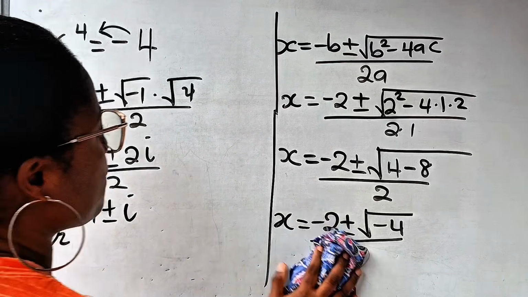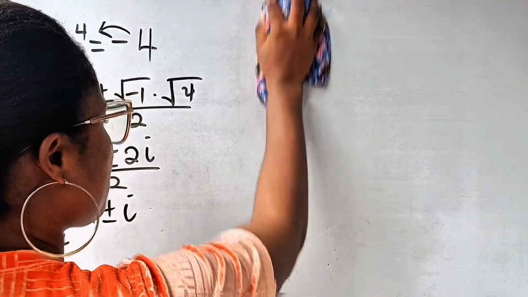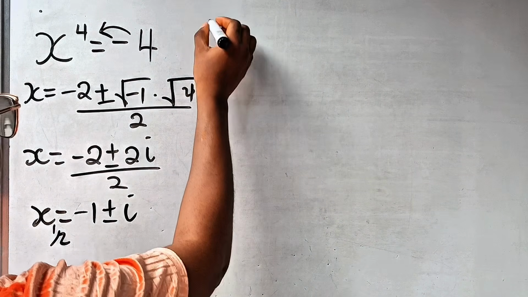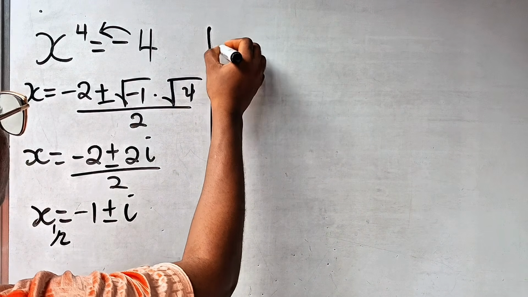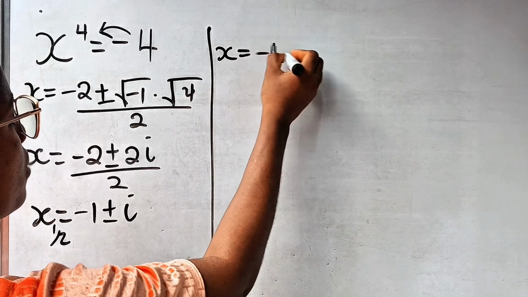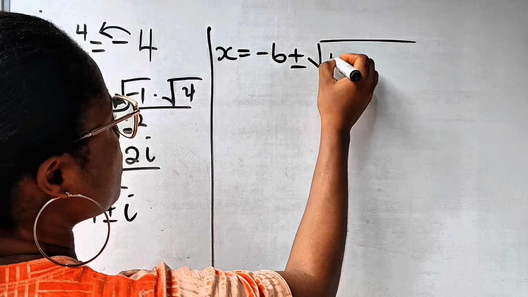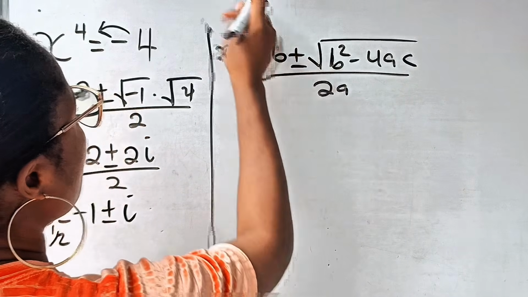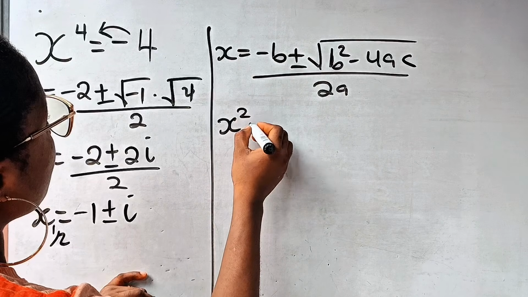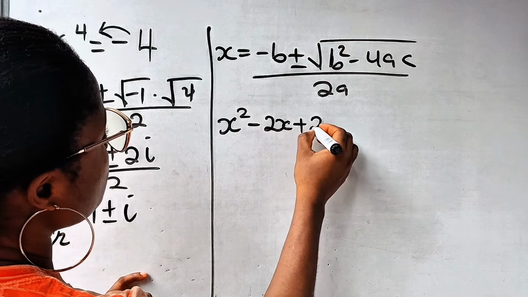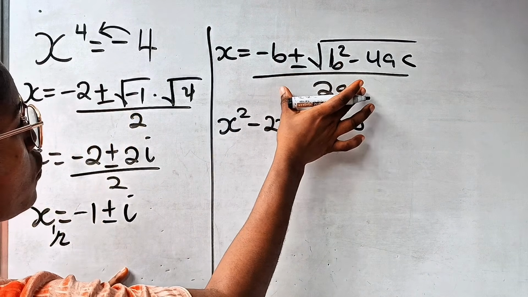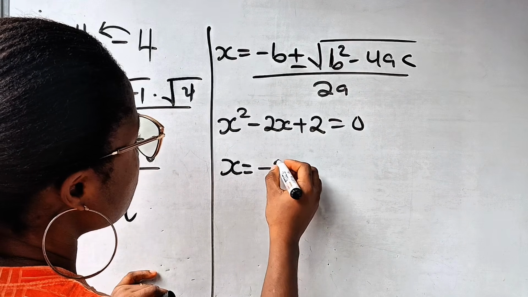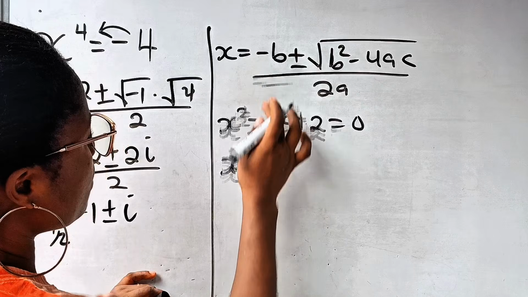Now let's go ahead and find the third and the fourth value of our x. All right. For the third and fourth value, remember your x is minus b plus or minus the square root of b squared minus 4ac all over 2a. And we have the one we've not solved as x squared minus 2x plus 2 is equal to 0. So if we substitute here, minus minus becomes plus.